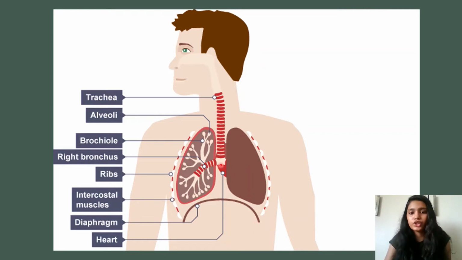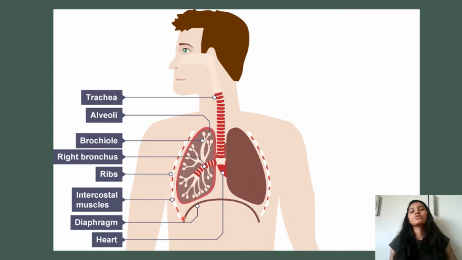You have the heart, which is usually present around here, more towards your left side than right side, not exactly your center. And then you have your ribs. The main function of the ribs is to allow the lungs to expand, like allow ventilation, and to protect internal organs like the heart and lungs. And then you have the intercostal muscles over here on this lining.